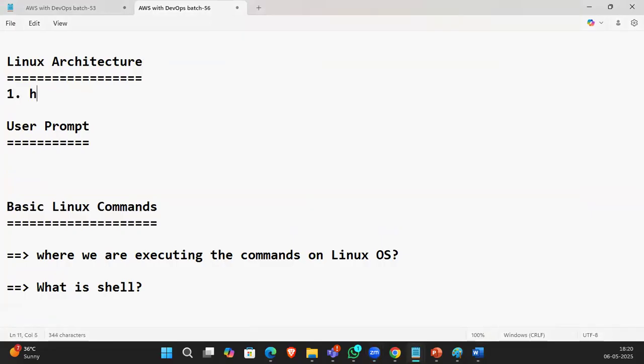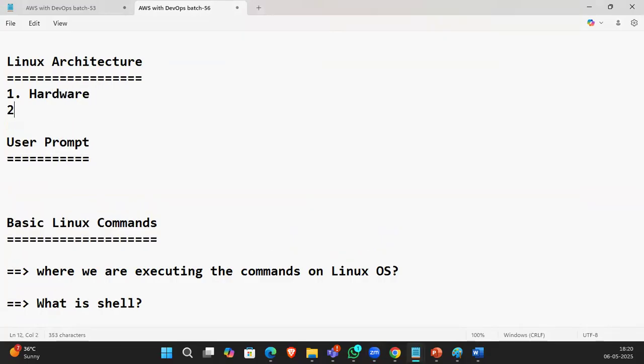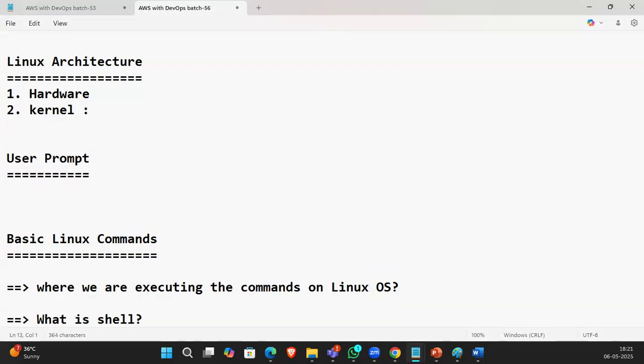Initially it's hardware. In the hardware you are installing the OS, and the kernel sits on the hardware. So what is a kernel, guys?